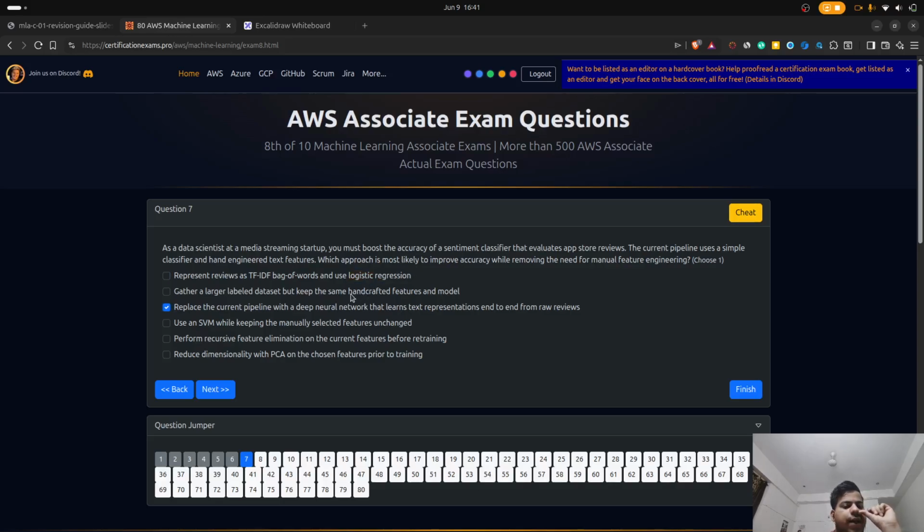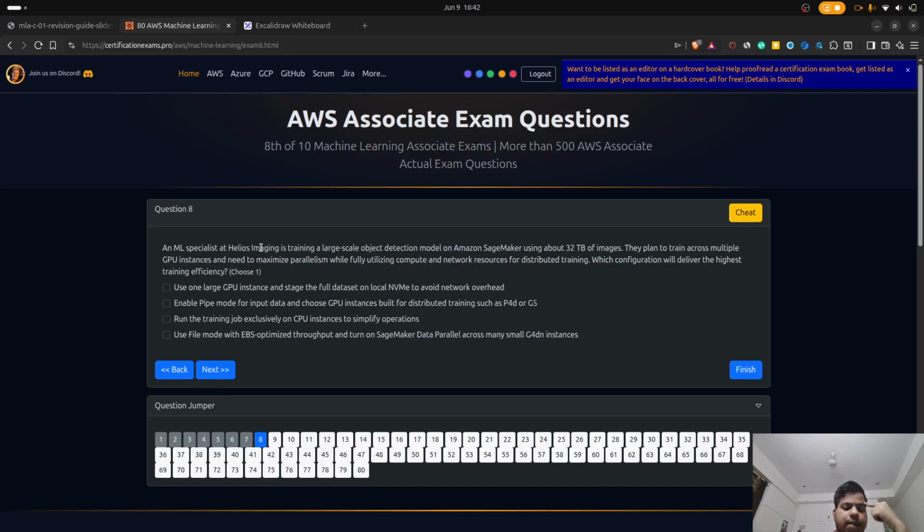My guess would be yes, this one, because I think logistic regression is a very simple model for something like sentiment analysis. It is a sentiment classifier. Yeah, I guess it is the same. Replace the current pipeline with a deep neural network that learns text representation end to end from raw reviews.